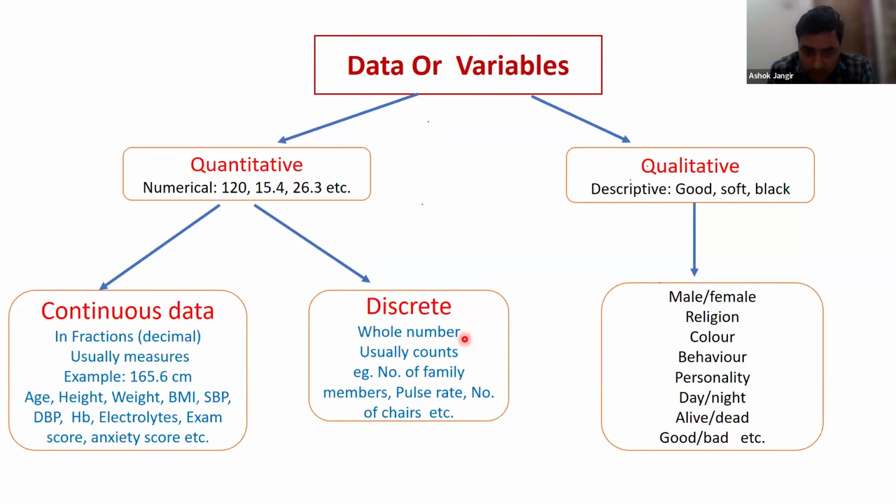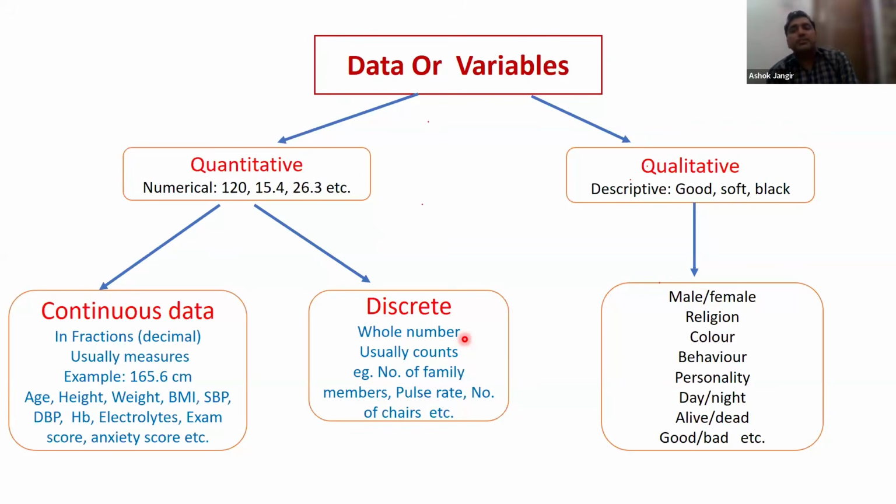Usually counts, for example number of family members, pulse rate, number of chairs, heart rate, etc. If we cannot give decimals or fractions, it is called discrete data, but it should be in numerical format. So please remember this, please understand this.